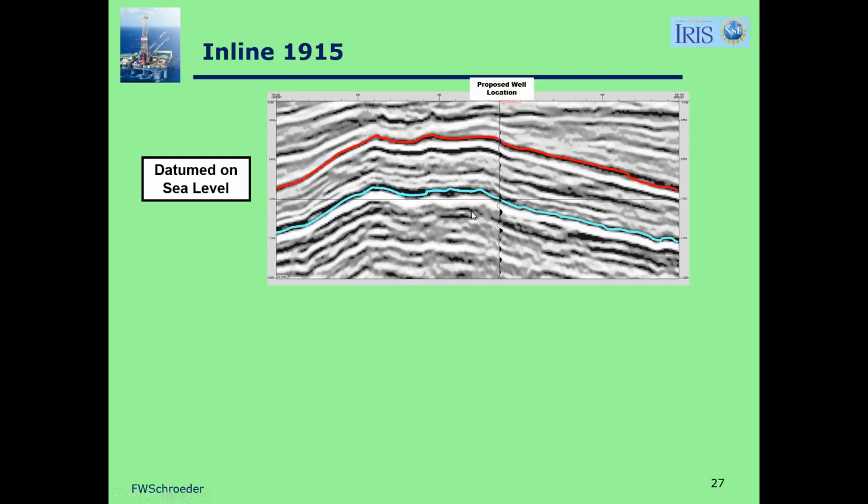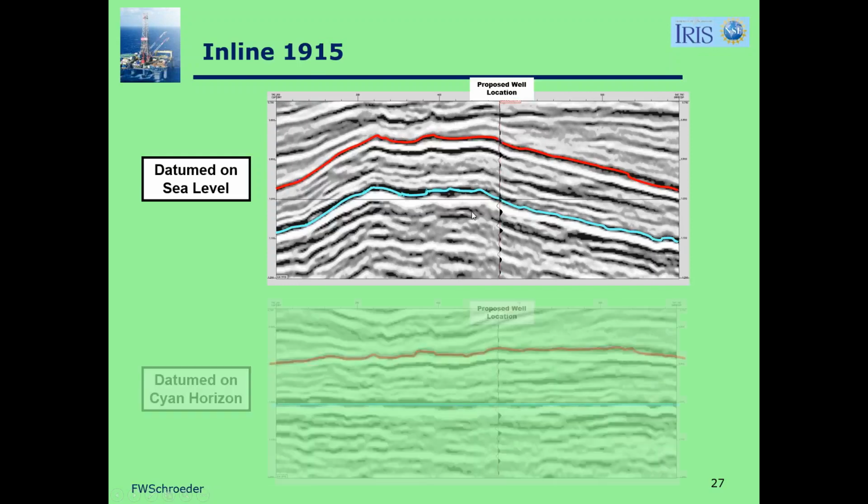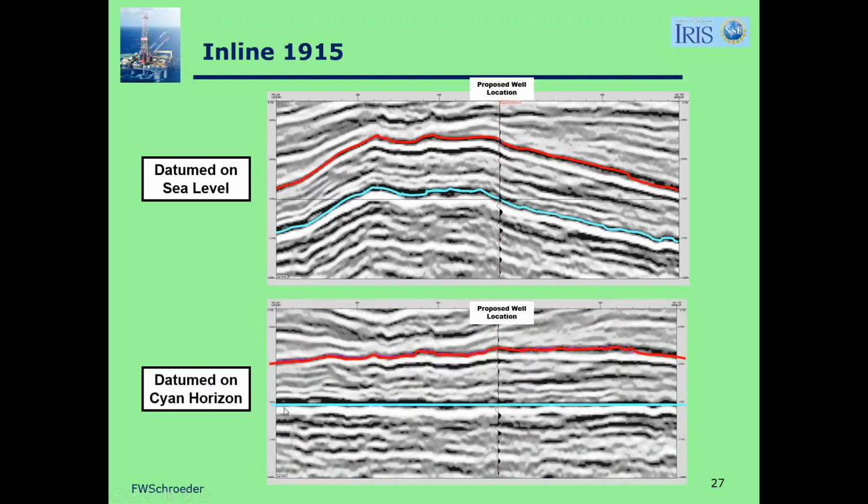And so what I'm trying to do is take out post-depositional structuring and tilting. And so this is the same seismic, but I've shifted all of the traces up and down, so my base reservoir cyan is now flat. And so now I can look at the thickness variations and other variations within the upper Latrobe targeted reservoir interval.